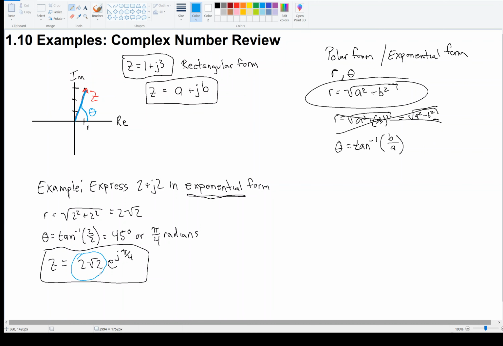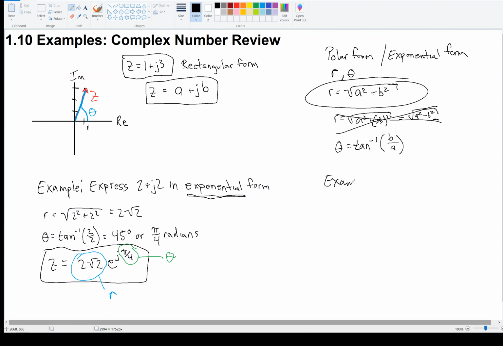That 2 root 2 is the magnitude or the length of the vector, and pi over 4 is theta, the angle of the vector. Everything else is form-fitting. So we take the length of the vector r times e to the j and then stick in the angle of the vector. All right, let's look at another one.